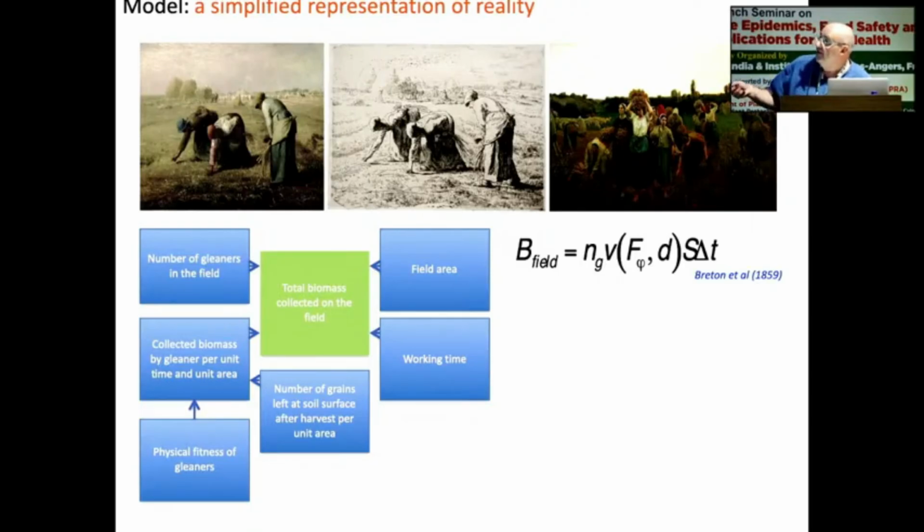And it will depend on the physical fitness of the gleaners and the density of grains. And in my equation, I said the bigger the field, the bigger will be the grain collected. So I multiply by S. And also this will be the working time, delta T. So it's very simple. I had my conceptual model and now I made a static model, because you don't have the impact of time.